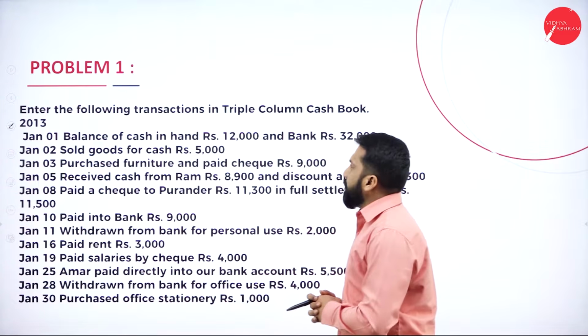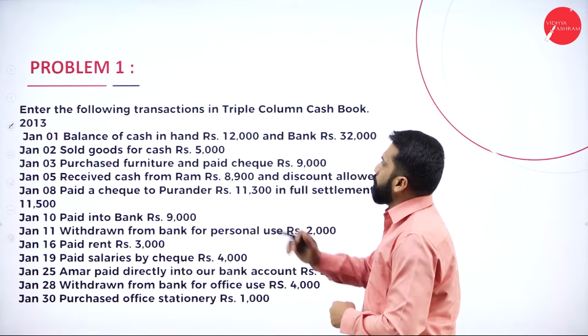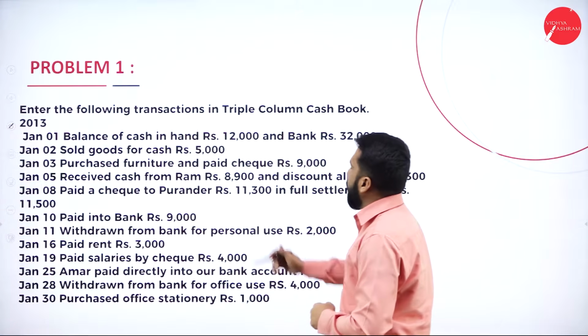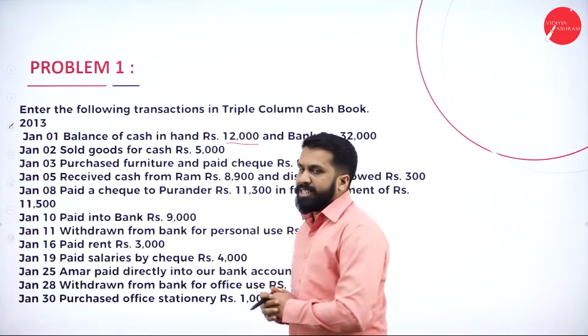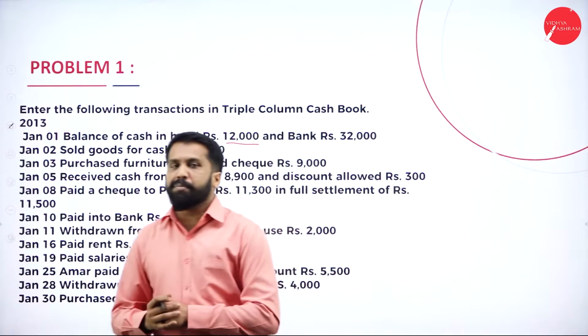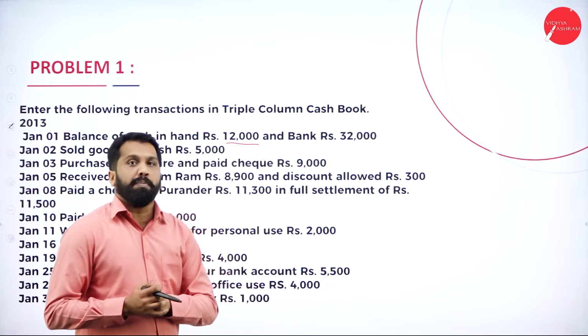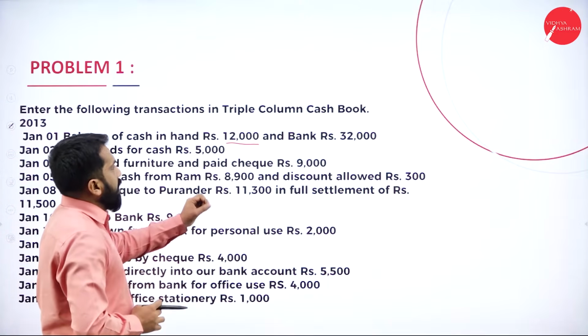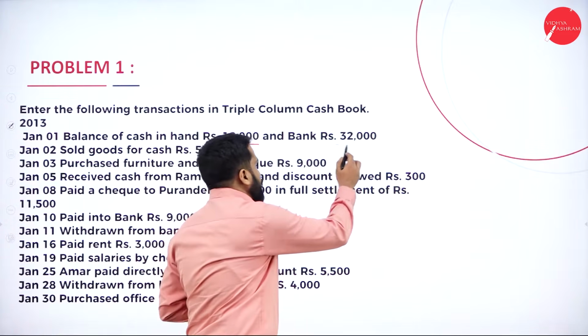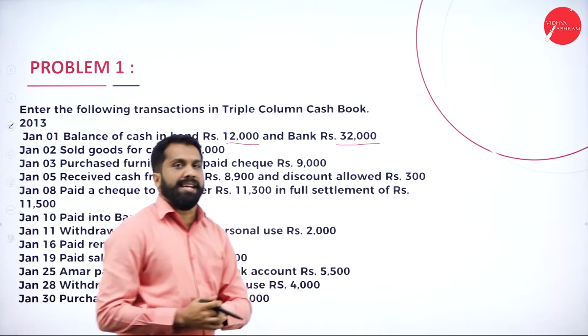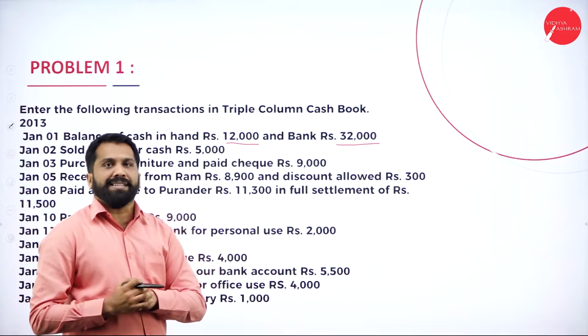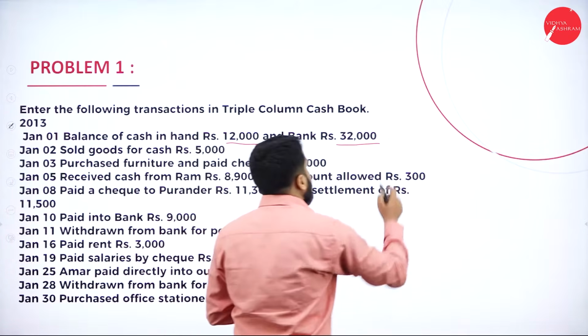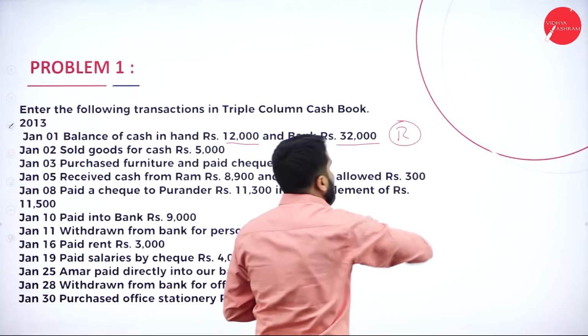Now, as per this, they have given balance of cash in hand 12,000. This is your opening balance. Balance of cash we call it as opening balance. And bank rupees 32,000. These two we call your opening balances. So this will be your receipt.